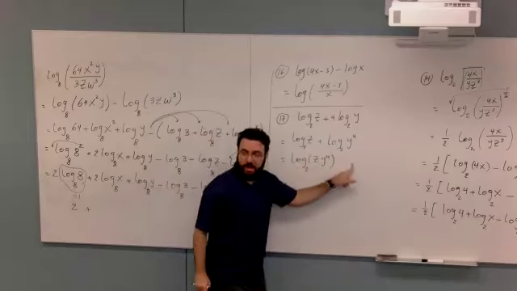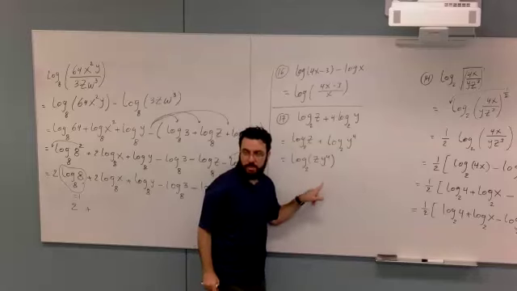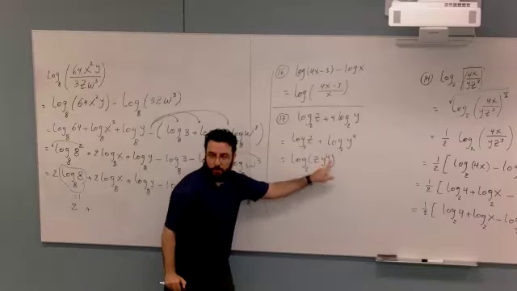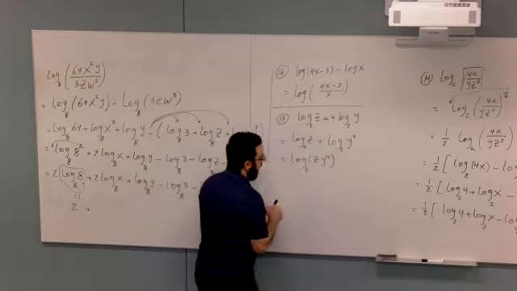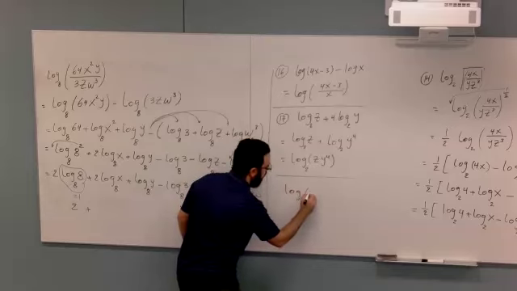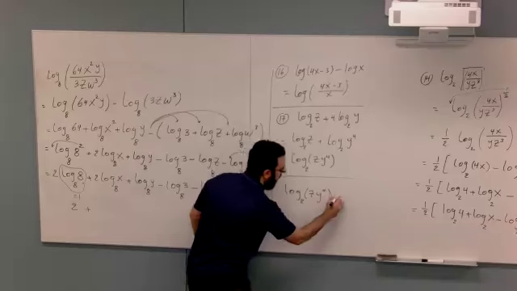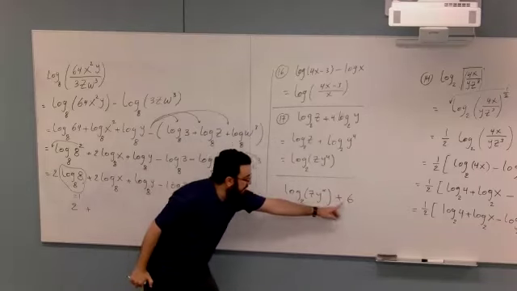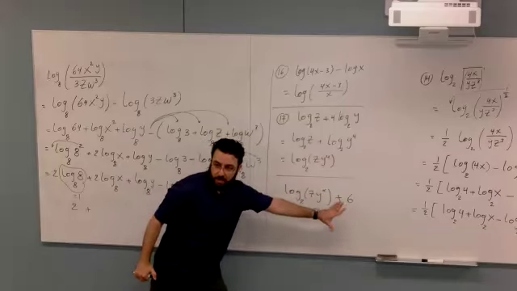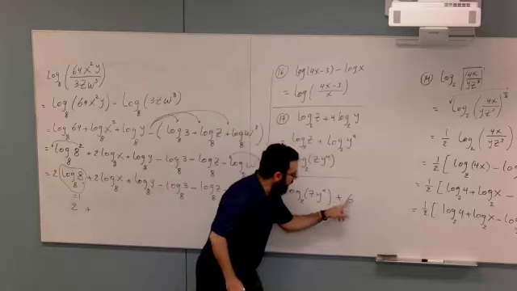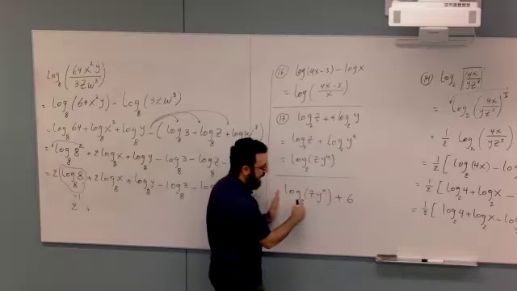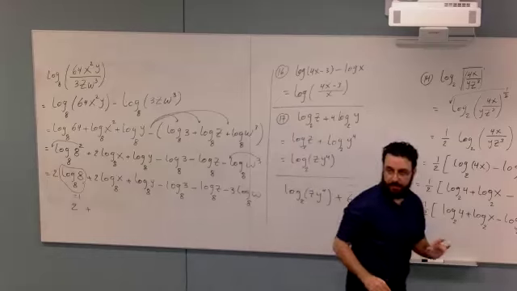But if you have another number here, you have to put the parentheses to tell the reader this is the log only for z y to the power 4, and everything else is outside. For example, log to the base 2 of z y to the power 4, plus 6. The 6 does not belong to the log. The 6 is by itself. You get the idea of what I'm saying? Even if there is a variable here, I'm telling you this one belongs to the log, not with the 6.